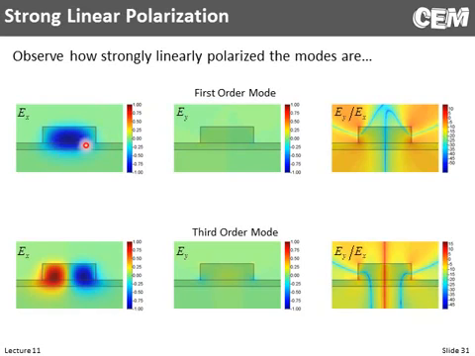But we can definitely see where there is an EX, the ratio is extremely small. We can look at the second order mode and do the same thing, and we see that the ratio is very small. This tells us there is still an EY component, absolutely. And to be rigorous, we can't ignore that. But the point is, it is much smaller, and it is a good approximation to assume that there is no cross-coupling.